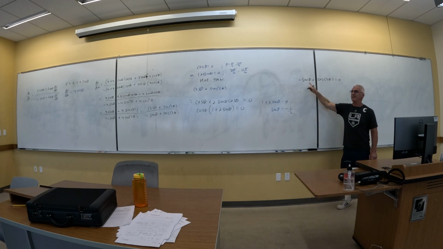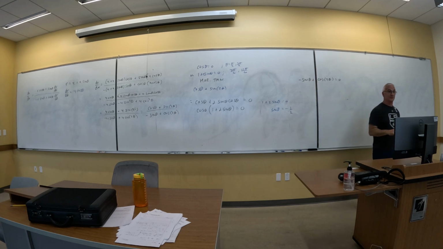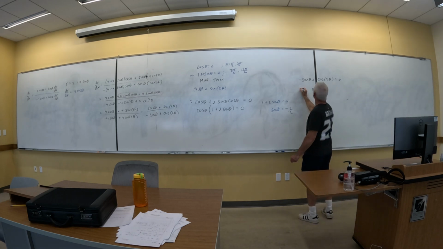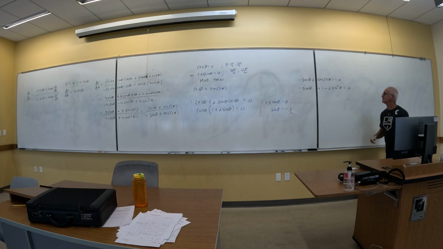I can't do anything with this, but I can change this. Now we know there are 3 versions of the cosine of 2 theta: cos squared minus sine squared, 2 cos squared minus 1, or 1 minus 2 sine squared. Because I already have a sine, we want to use the last one.